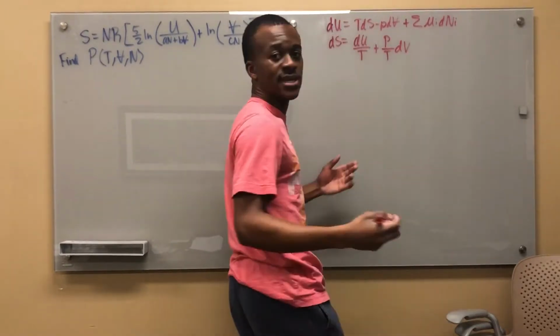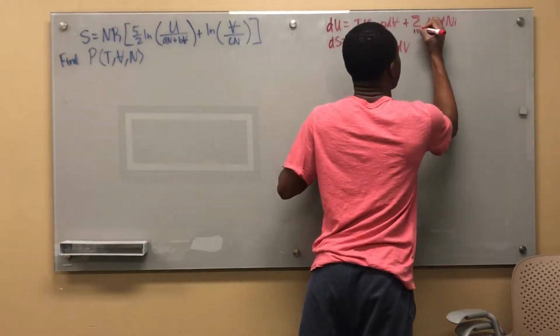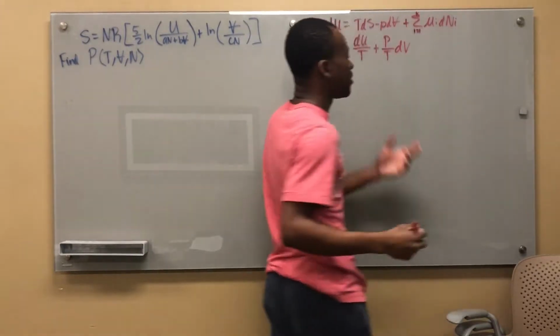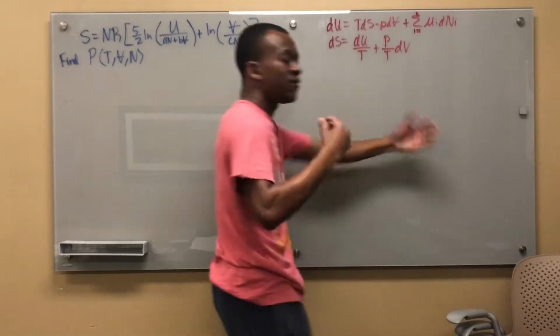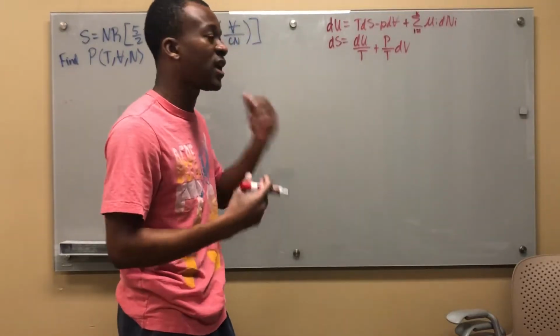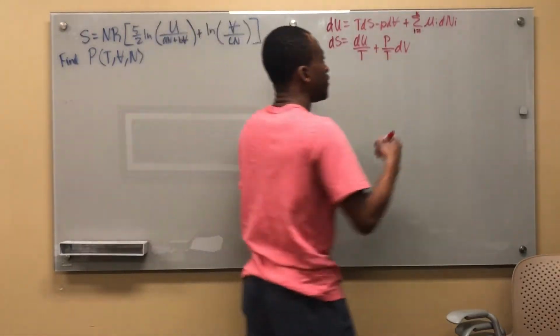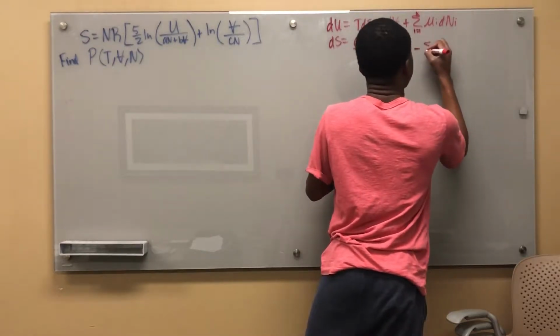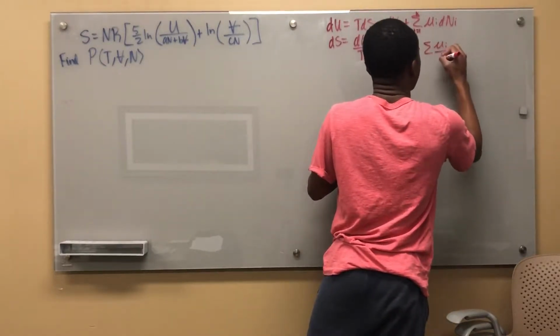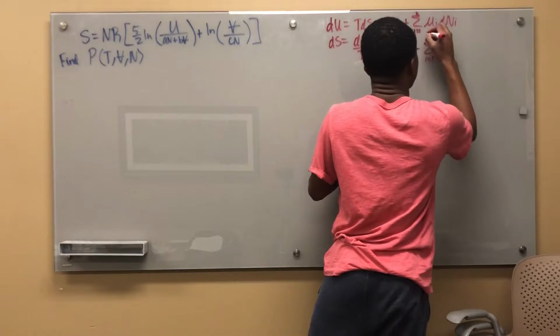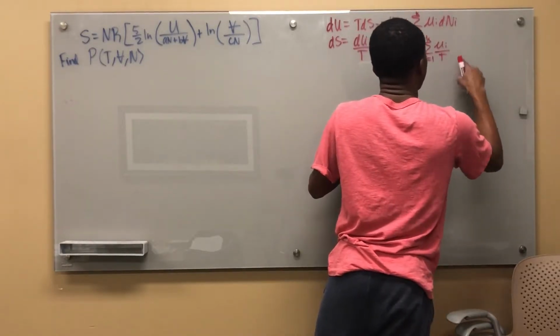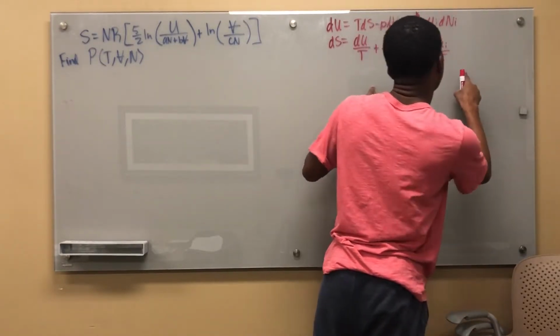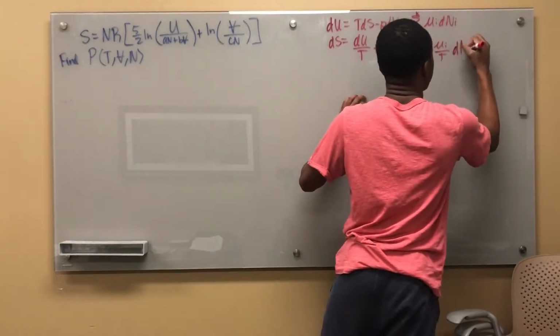And this summation just says from i equals 1 to k, so all of the mu's added up and all of the n's. So this would end up being minus the summation of mu i over T, i equals 1 to k, dn i.